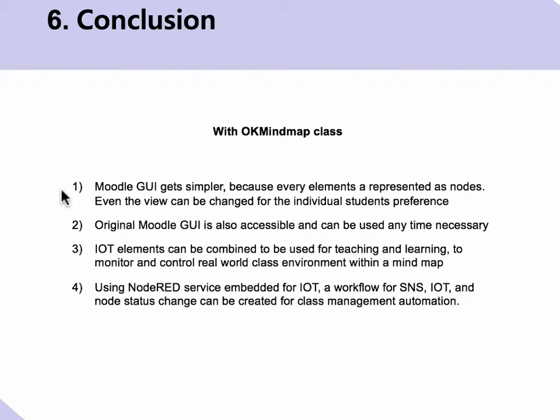So I conclude that the Moodle GUI gets simpler because every element is represented as nodes. Even the view can be changed for the individual student's preference. And the original Moodle GUI is also accessible because the course is generated or sometimes exported and stays in a stable shape and can be used again anytime necessary.